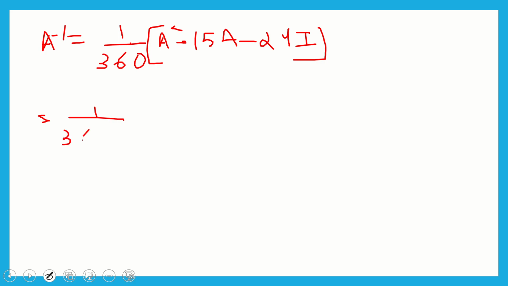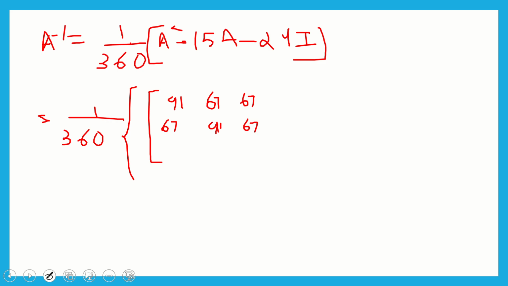Okay, you have got this. Now put all the values. The A square value is 91, 67, 67, 67, 91, 67, 67, 67, 91.